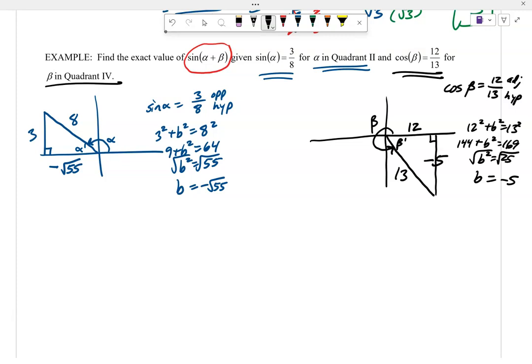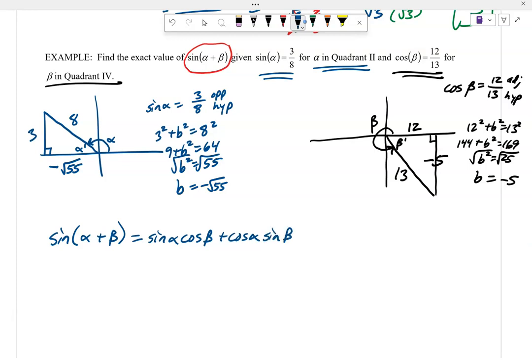Now that we've got this all filled out, we can finally get to the part that we want, which is finding the sine of alpha plus beta. So we look at our sum and difference formula sheet and we write out that the sine of alpha plus beta is sine alpha cosine beta plus cosine alpha sine beta.